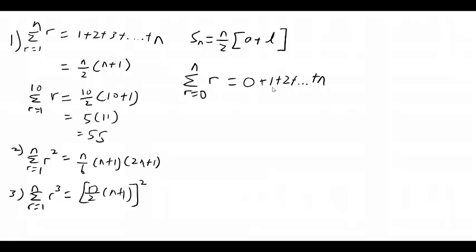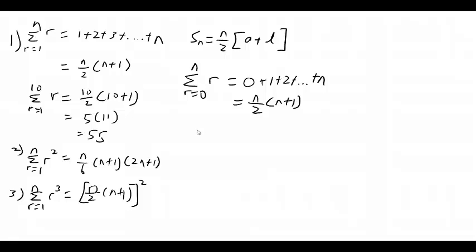If you sum plus 0, 0 is nothing, so it doesn't affect the sum at all. So the formula is still the same, still n over 2 (n plus 1). Same thing for summation of r square and summation of r cube. It doesn't matter if the first term is 1 or 0. The formula remains the same.